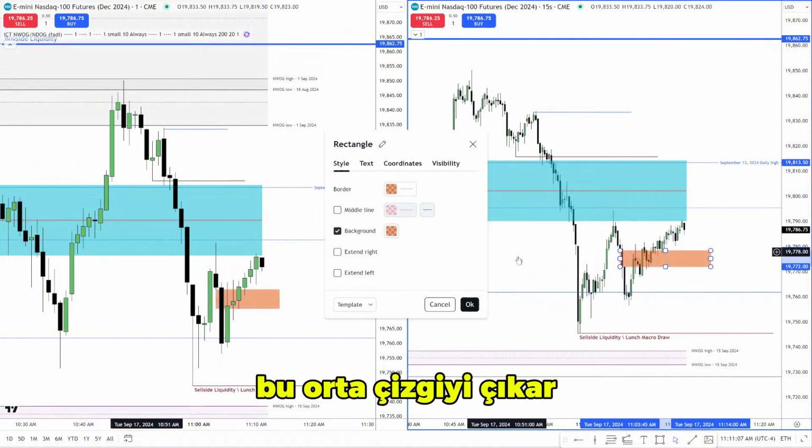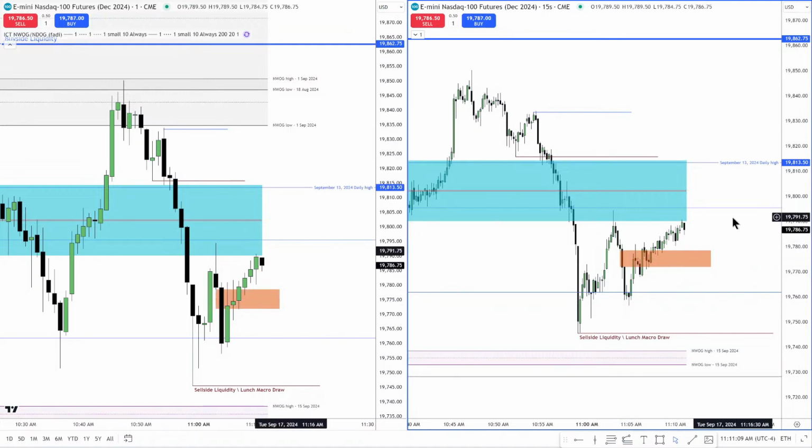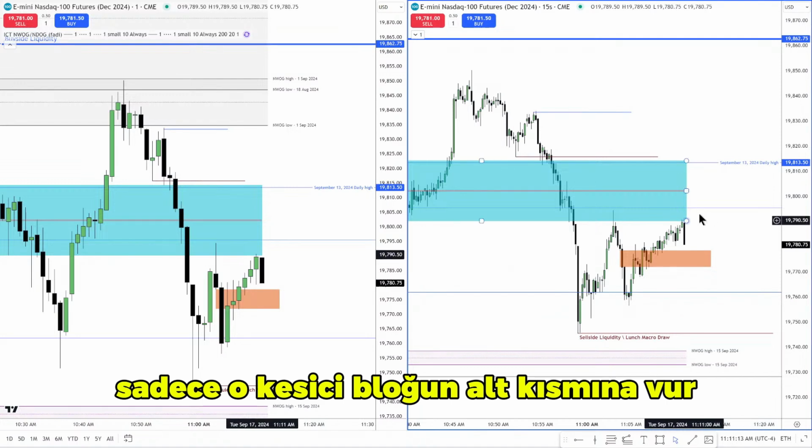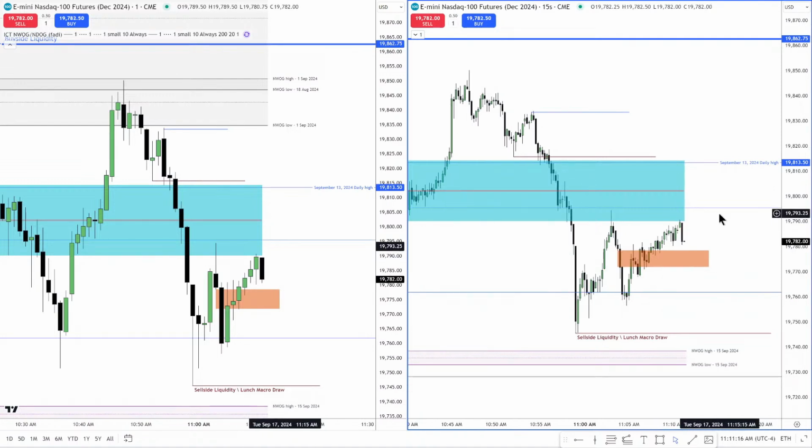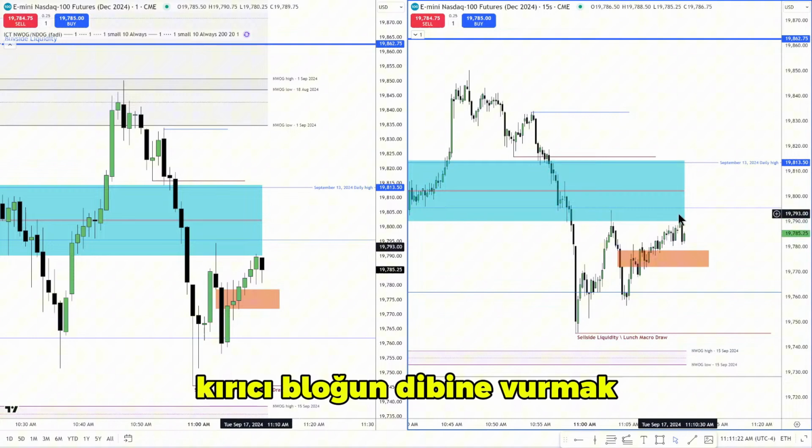Take this midline off. Just bumped the low of that breaker block.